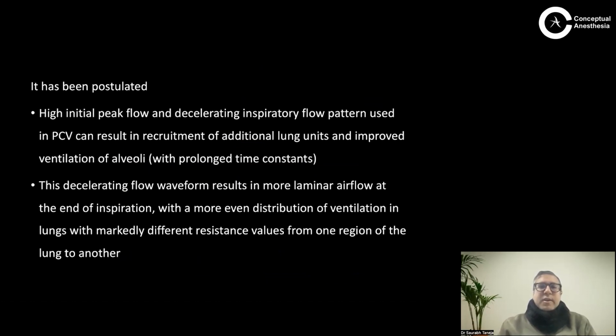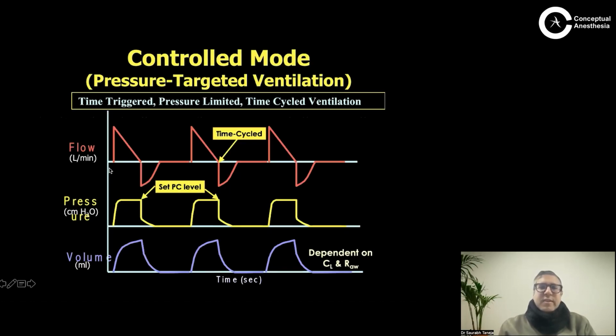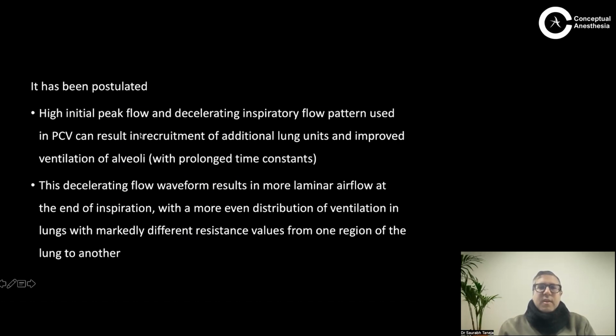So it has been postulated in some studies that the high initial peak flow and decelerating inspiratory flow pattern used in pressure control ventilation can result in additional lung recruitment and improved ventilation of alveoli with prolonged time constant.